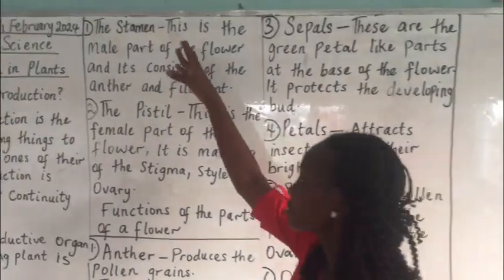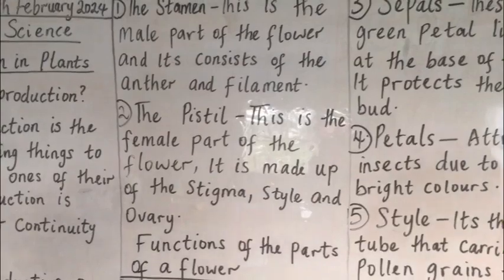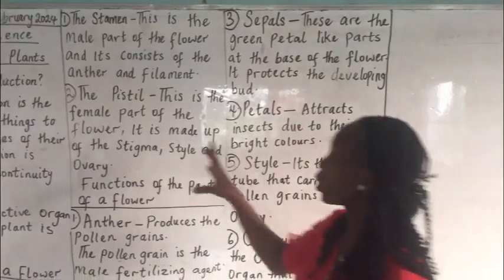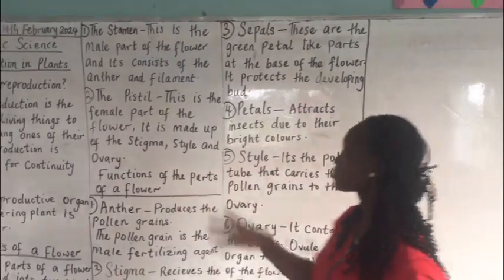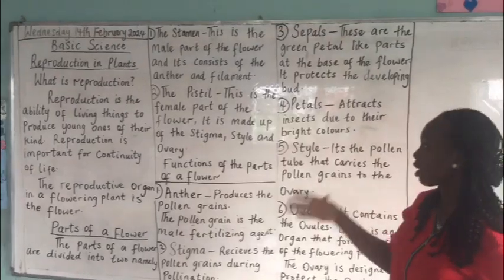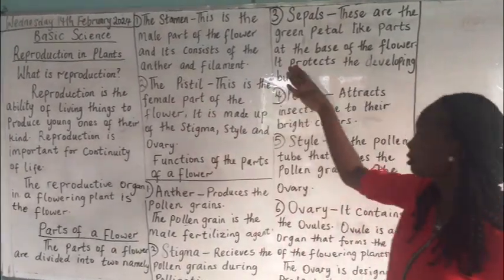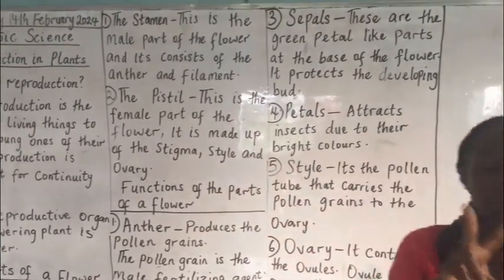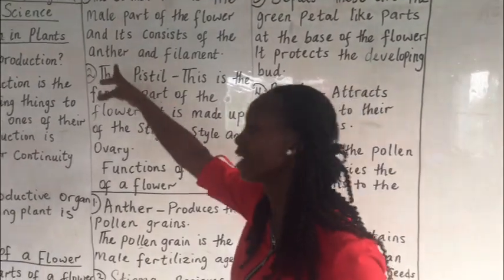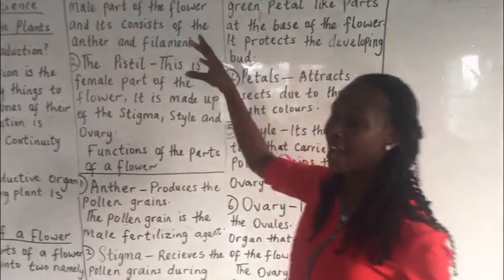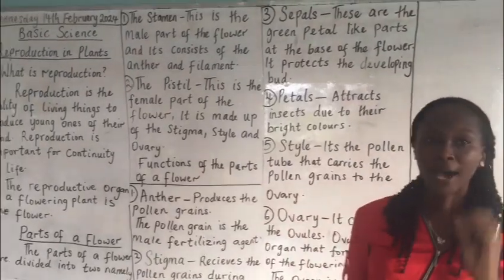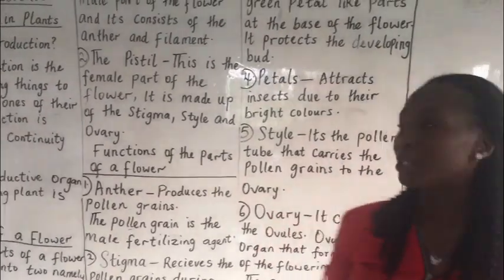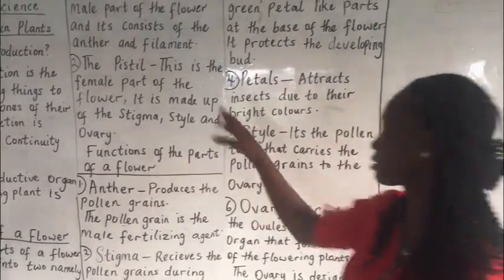The stamen is the male part of a flowering plant, and it is made up of two other parts, which are the anther and the filament. Take note of that. Now going further, we go to the female part of the flower, which is known as the pistil.